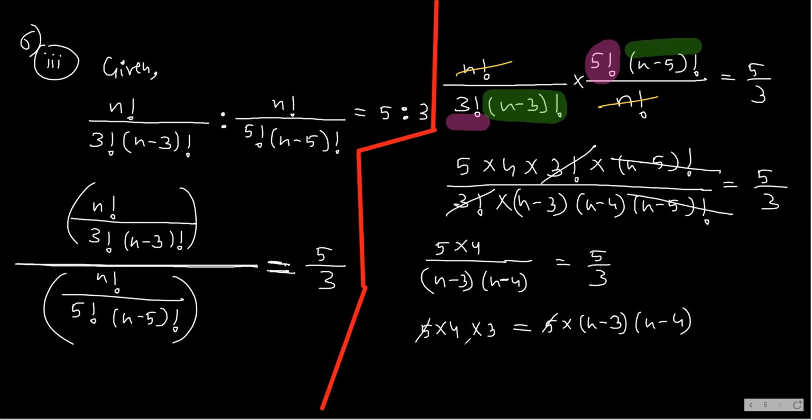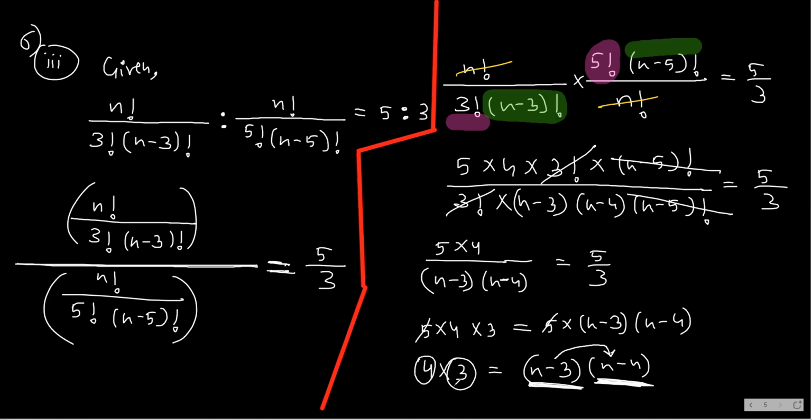Now see what I have. I have 4 into 3 on the left hand side and n minus 3 into n minus 4 on the right hand side. Are n minus 3 and n minus 4 consecutive numbers? Yes, two consecutive numbers in descending order. N minus 3 is bigger than n minus 4 by 1, and the same is the case here.